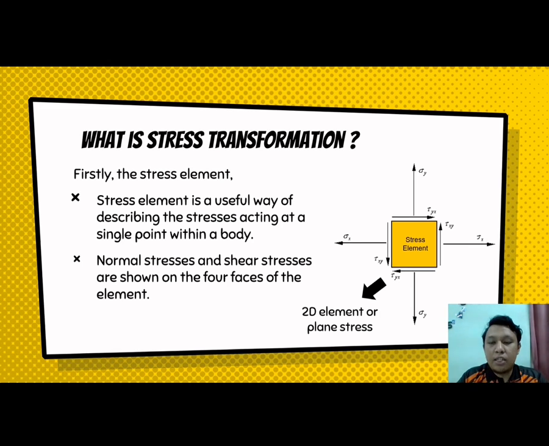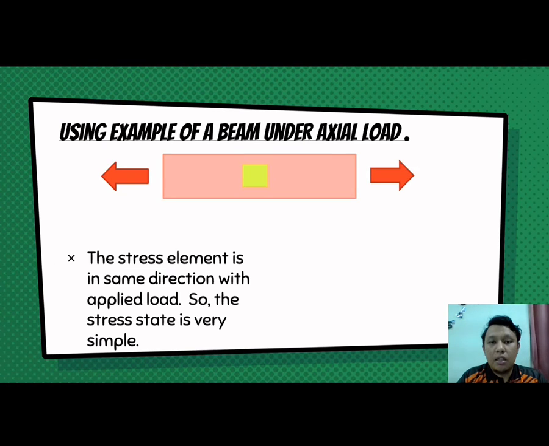Okay, we move on to the next slide. Here is an example of a beam under axial load. That same stress element as earlier is put in the same direction as the applied load.